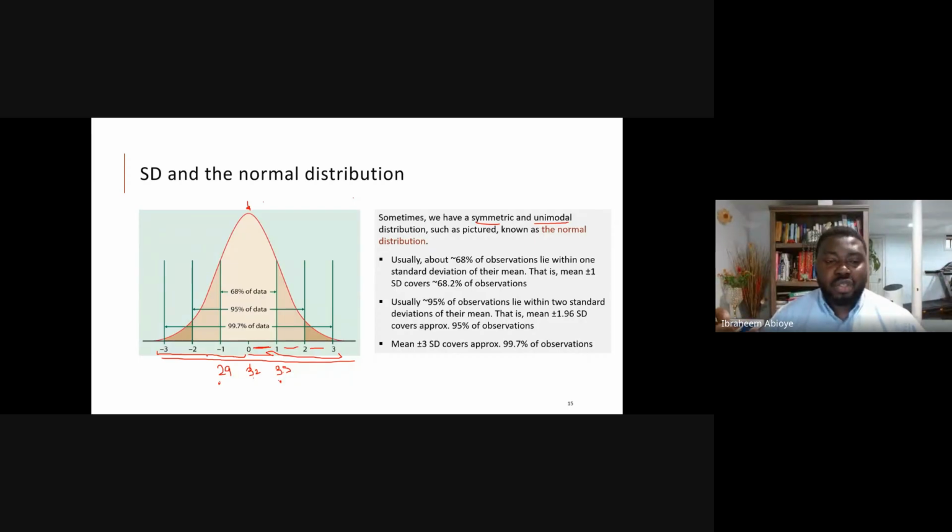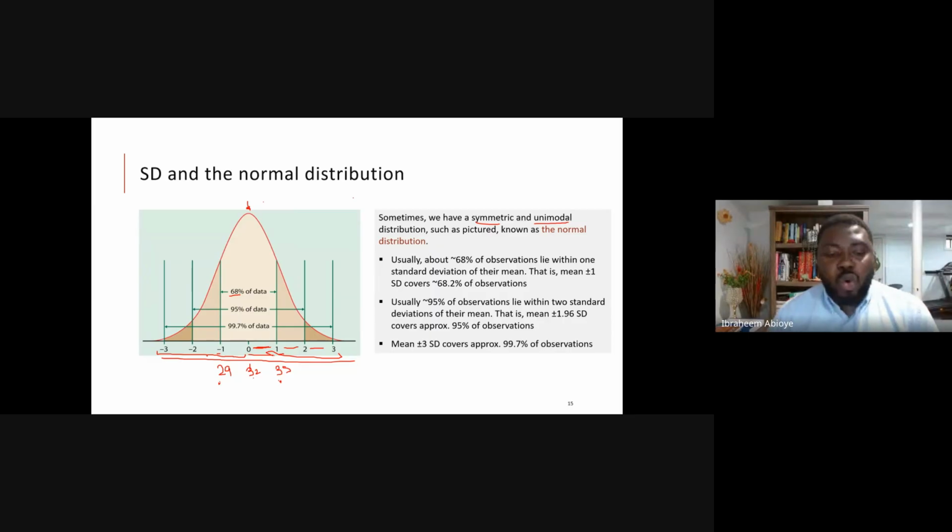We have an option of looking at an even larger amount of the data, which is 68%, and we can say that 68% of the data lies between -1 standard deviation and +1 standard deviation. And in our example, the standard deviation was 3.